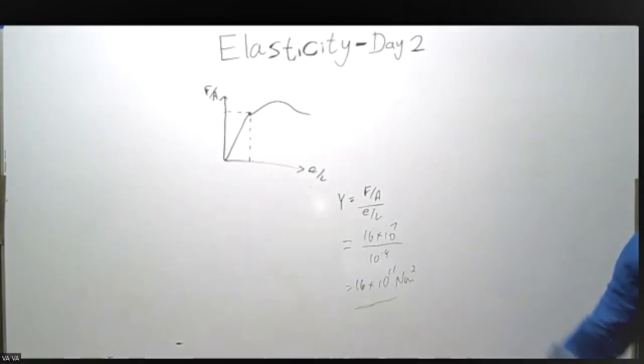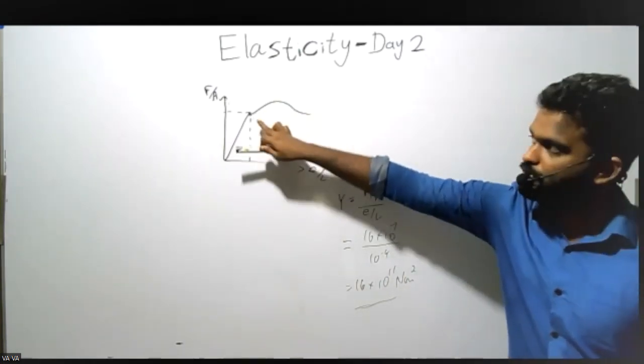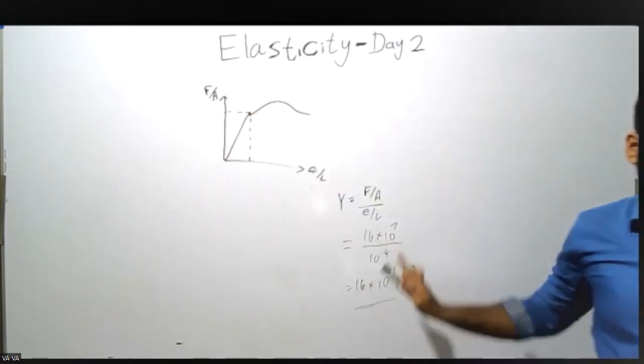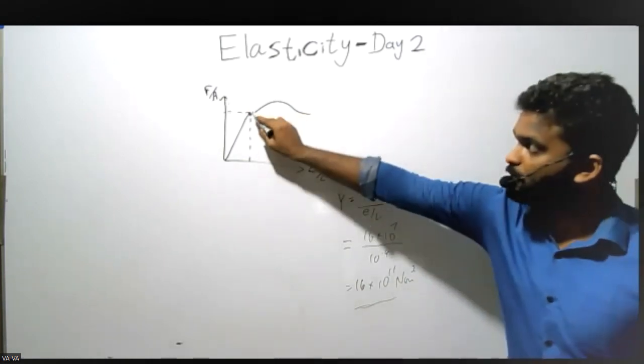If you have any doubts, send me a message. You cannot do this after this point. You can do that to this point or before that point, right? After that you cannot do it, because these are not proportional, right?